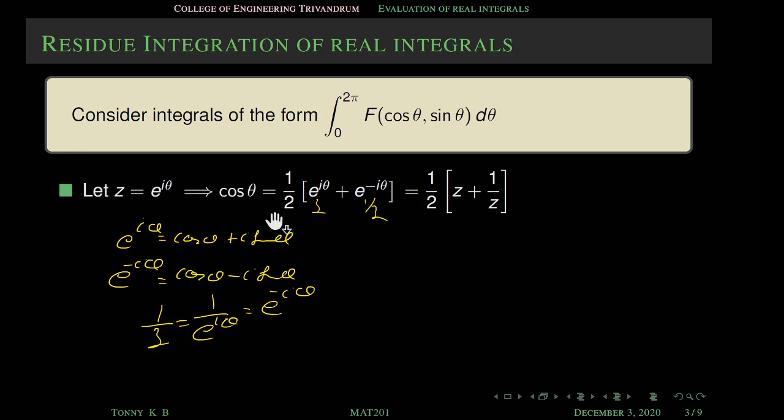We can write cos theta as 1 by 2 times z plus 1 by z, where z is e raised to i theta. This is the first conversion, of cos theta in terms of z.